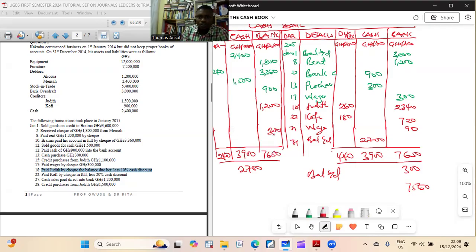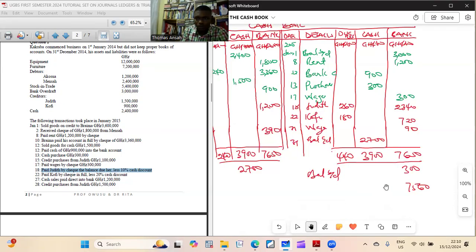Then this balance should also change then. 1,800 plus 3,360 plus 900 plus 1,200. That's 7,260 minus 7,650. That is 390. So instead of having 300, it is now 390. So that makes it correct.